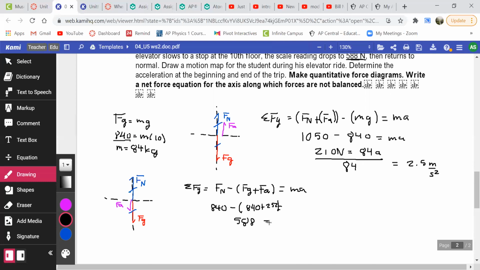So this equals ma, and we find that the acceleration here, is that right? Okay, I see what I did. Minus. That's the issue. So this plus needs to be a minus. I wrote it wrong and I was just following the math. Let me erase that really quickly.